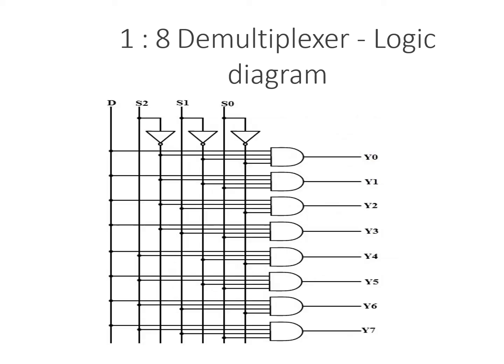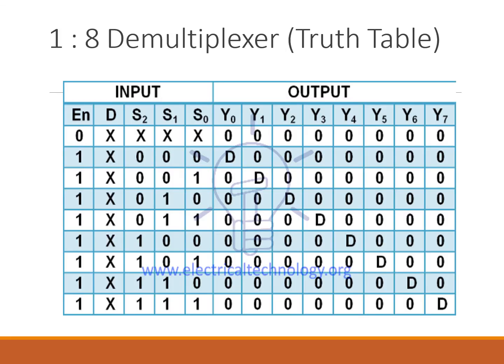Moving on to the logic diagram. Hope you can understand the logic diagram now. So D is the data input and you assume there is an enable at high connected to all the AND gates. So there are 3 select lines. Depending upon the select line, we are going to have the output lines. So this is actually the truth table for 1:8 demultiplexer.